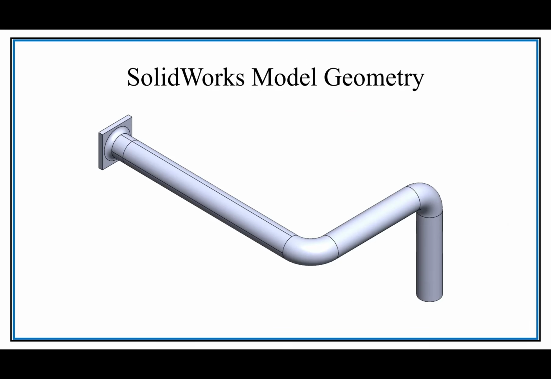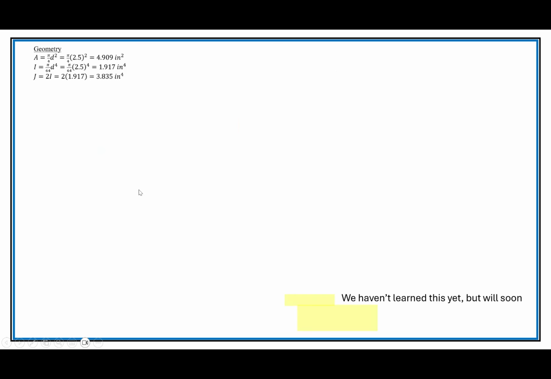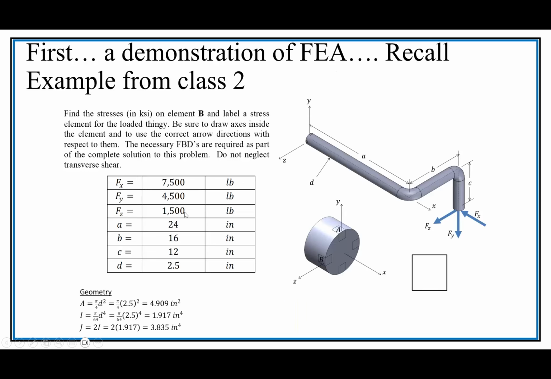So if we run through an FEA and take a solid, here we have the SolidWorks model I've generated. Notably, I have made these little split lines so that I could find a precise location that matches with what the original problem is, which is at point B right here.